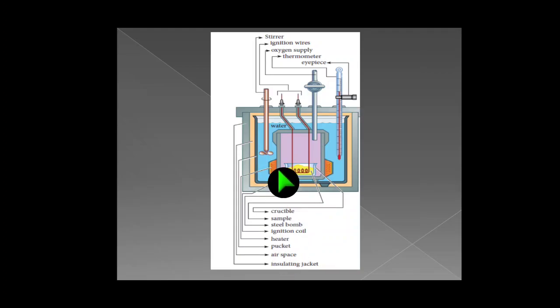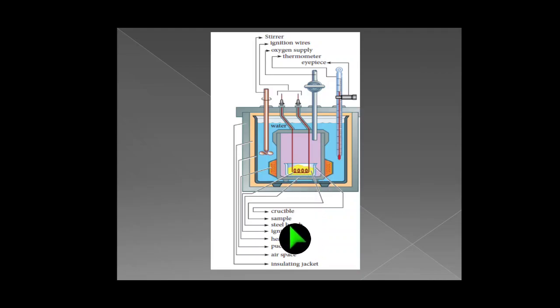The fourth one, the steel bomb, with the coil fixed on both sides, that is the heater. Next, the ignition coil is in the platinum cup, right? The positive and negative wires are connected to the ignition coil.